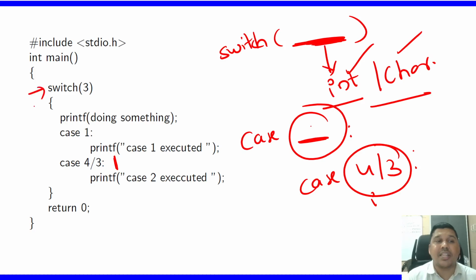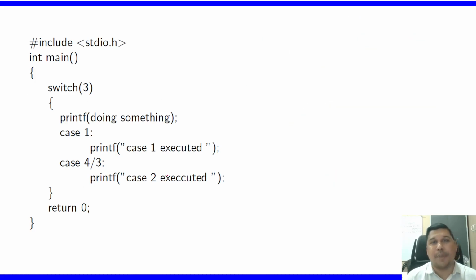So when I am passing here switch of 3, no problem, nothing will happen. Why? Because none of the cases are matching, it will go out. But if I am giving case 1, say there are 2 cases matching, it is confused because there are 2 cases with the same number.